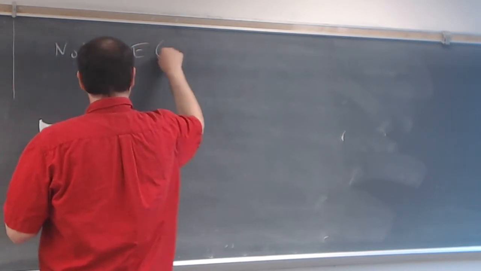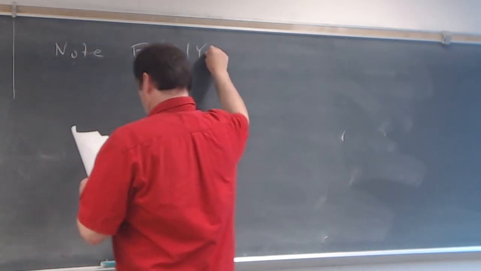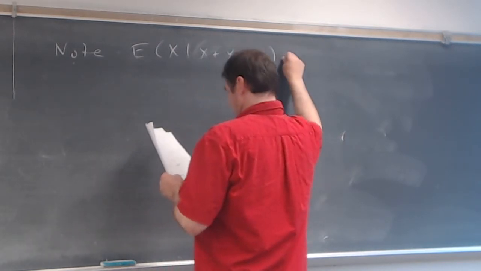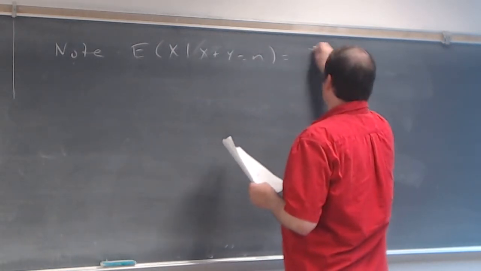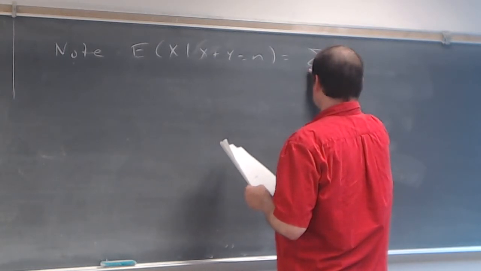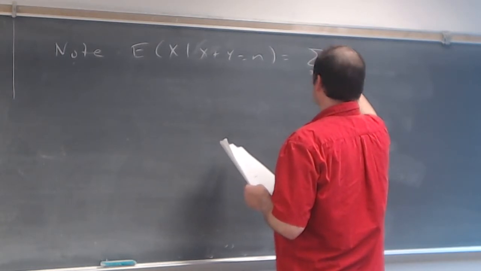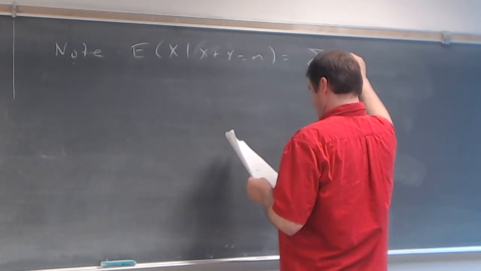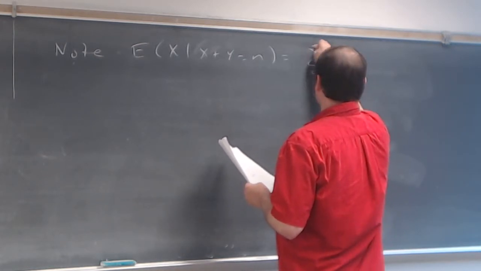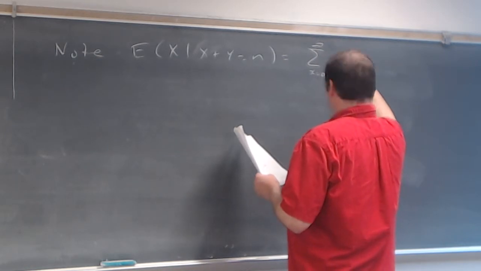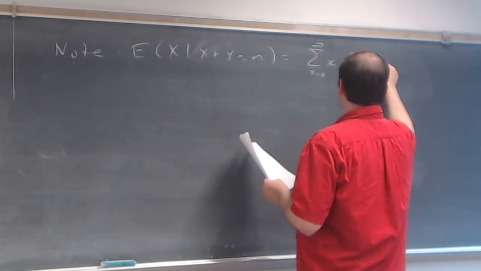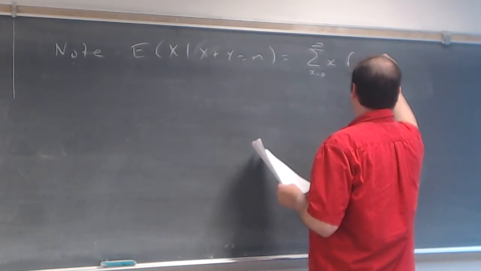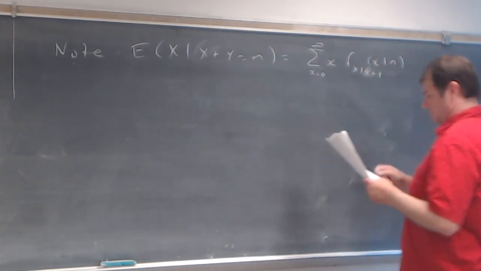Note the conditional expectation of x given x plus y equals n is defined to be the summation over all x values of x, so x running from 0 to infinity, f sub x given x plus y, of x given n. Okay?